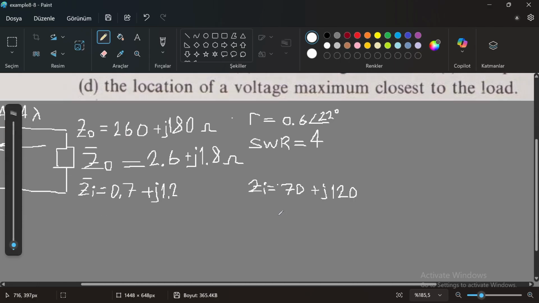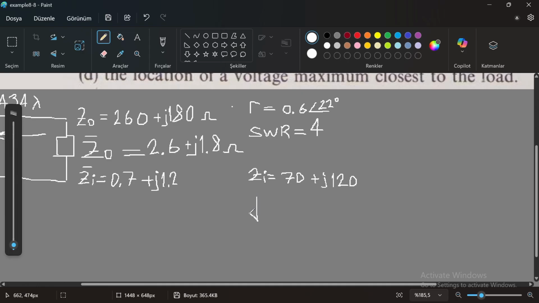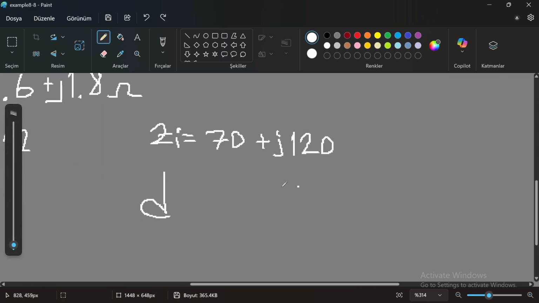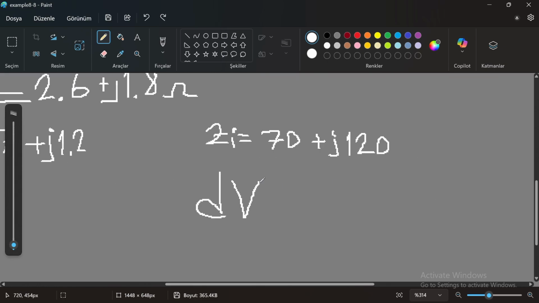Let me write it here. We can say D, distance to Vmax point from load, it is 0.03 lambda. Okay, so these are the answers, and this one is ohm.